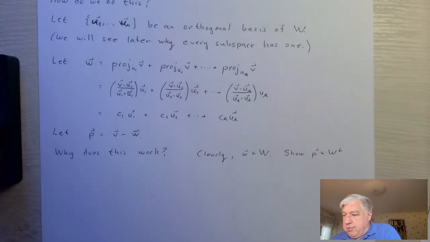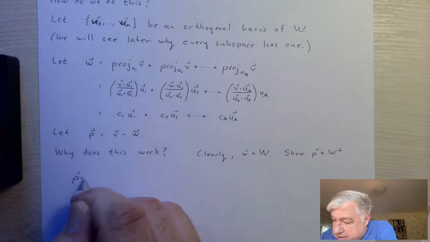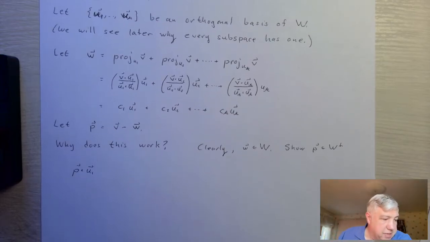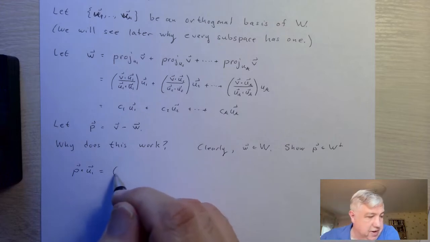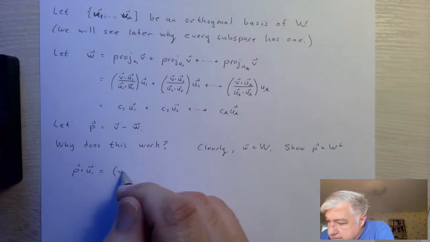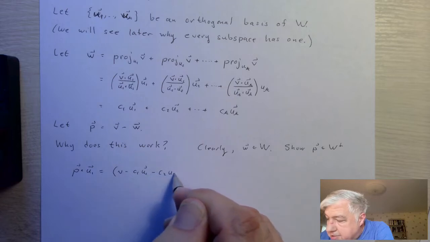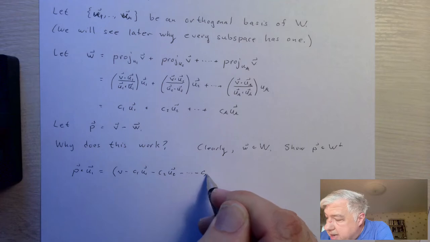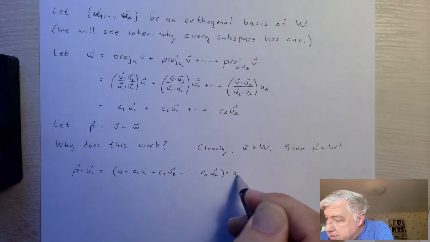Let's first consider P dot U1. What is that going to be? That is V minus C1 U1 minus C2 U2 minus dot dot dot minus CK UK, dot U1.